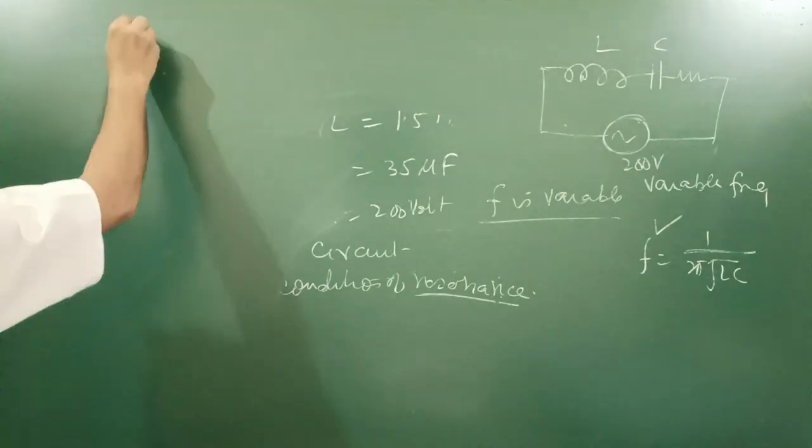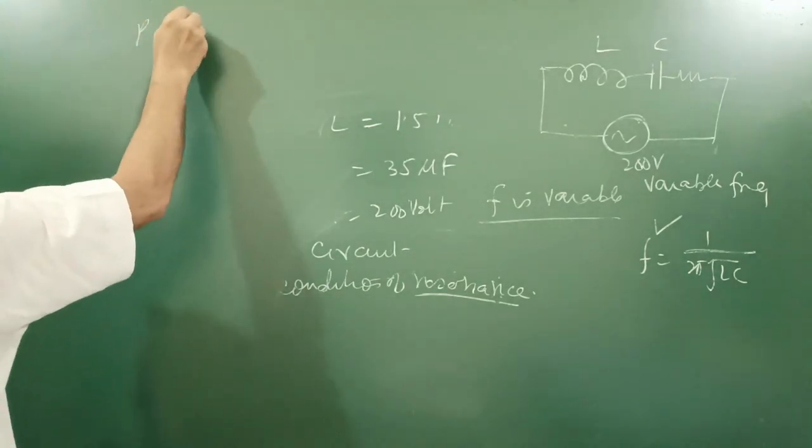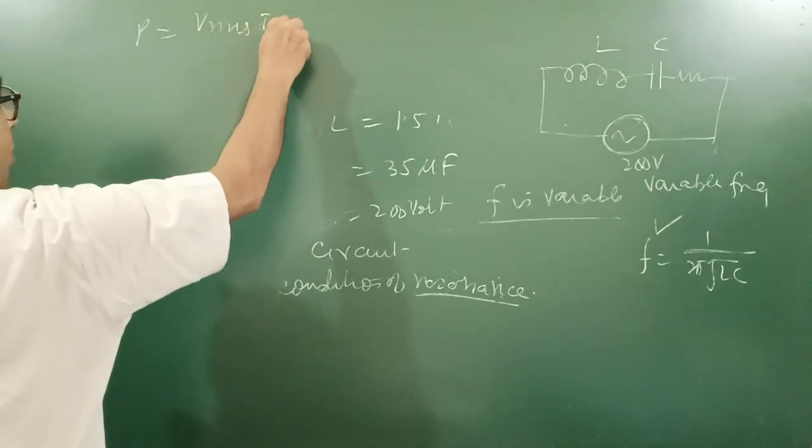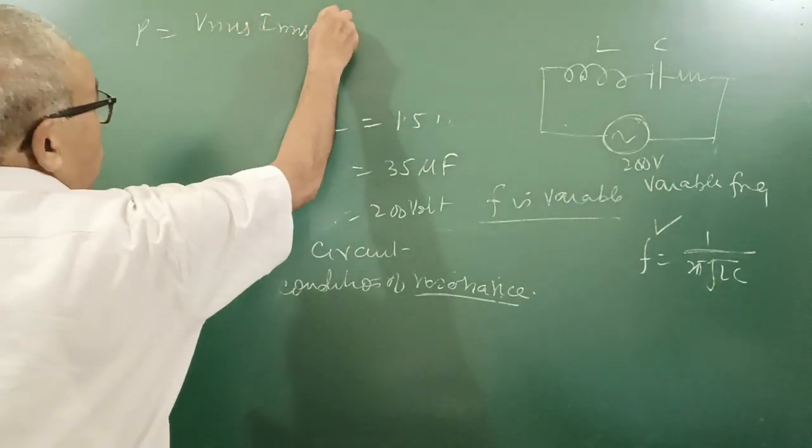The general equation of power dissipated is equal to Vrms into Irms into cos phi.